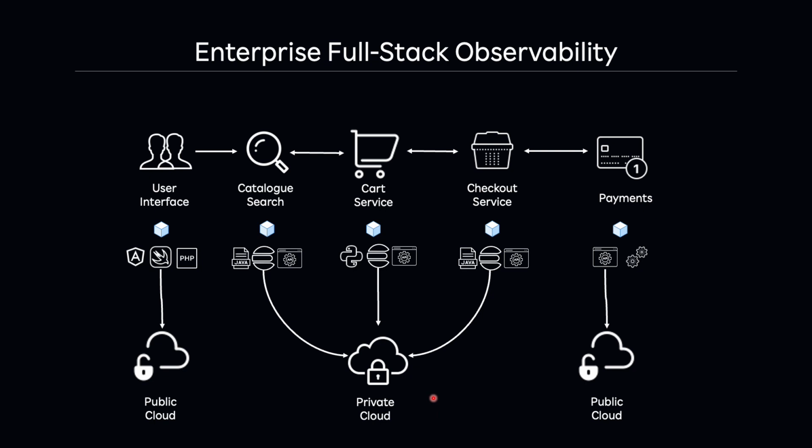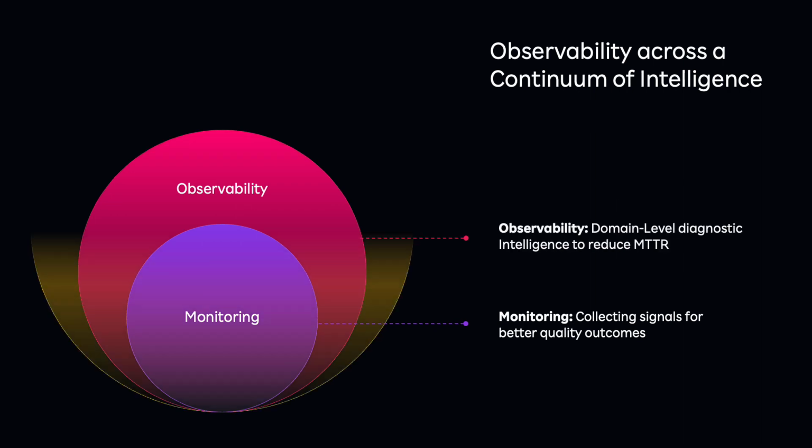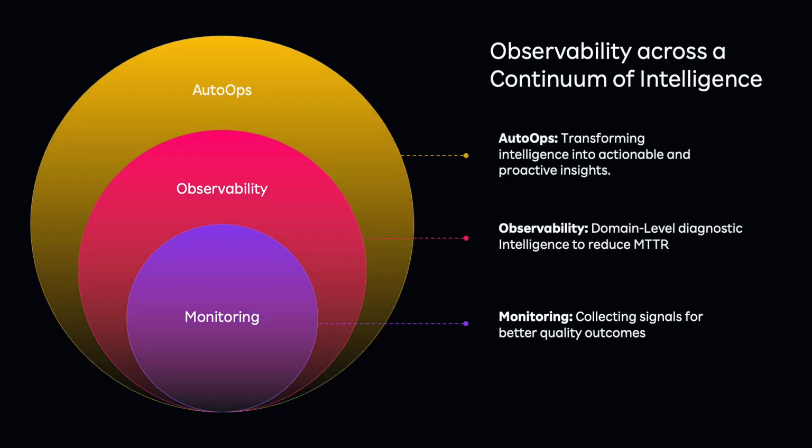Now, to understand how all of these are getting developed, you need to basically understand what's happening with monitoring, observability, and AIOps. In the same fashion that I explained, monitoring is a core layer where we are getting all the signals.